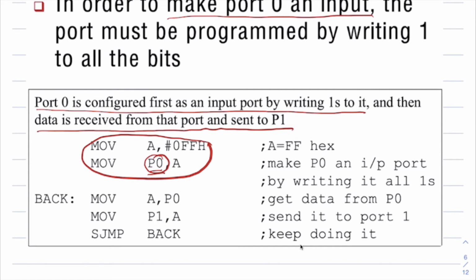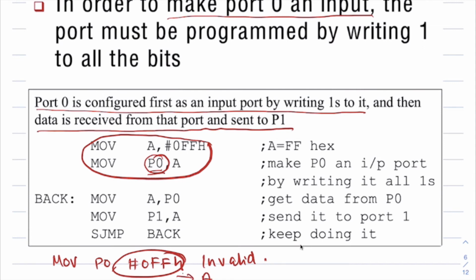We don't have an instruction called MOV P0, #0FFH. That's a wrong instruction, so MOV P0, #0FFH is invalid. That is why we move FF to A first, then A to P0. This is the only valid way of doing it.